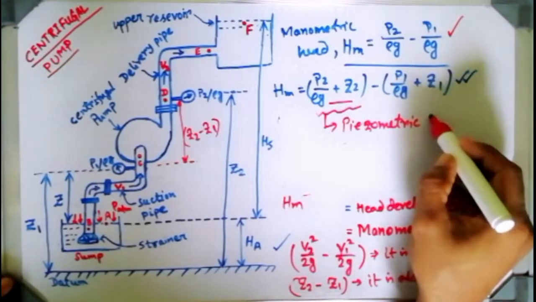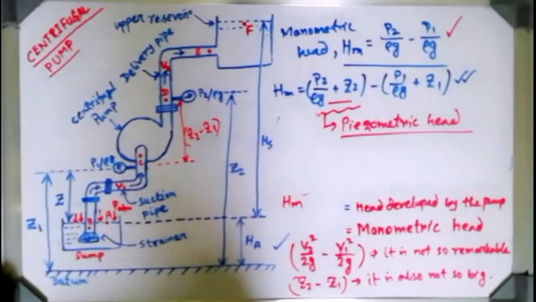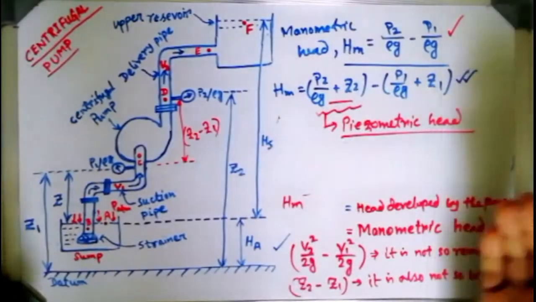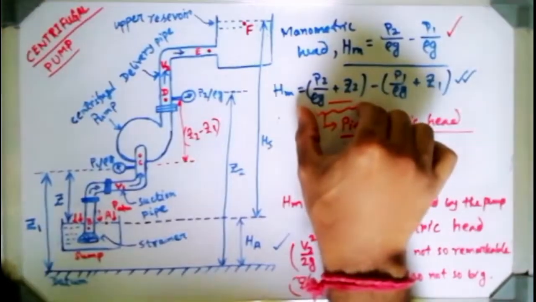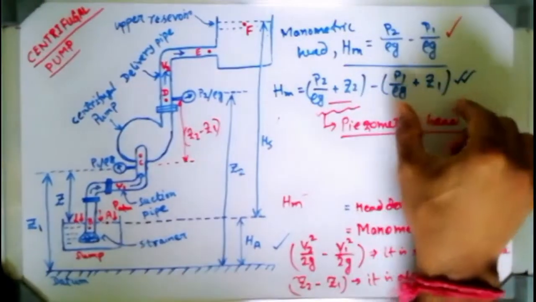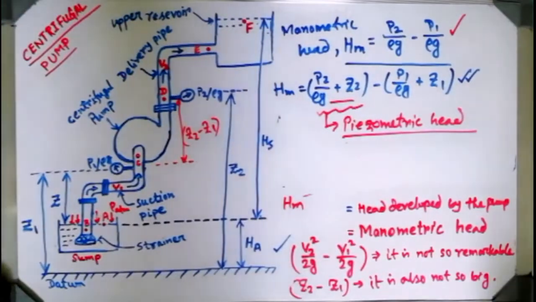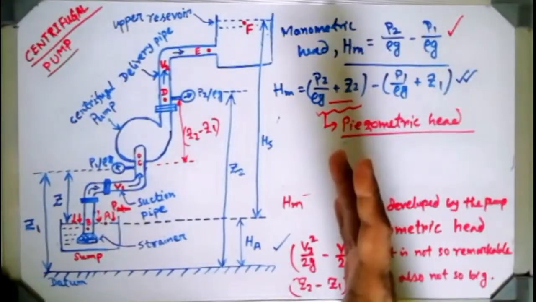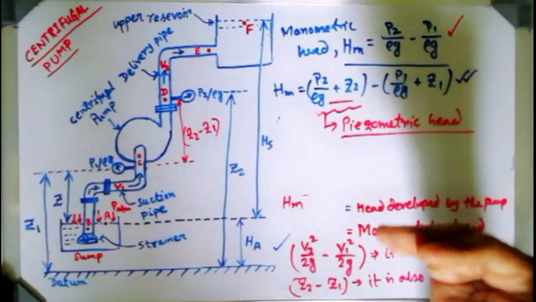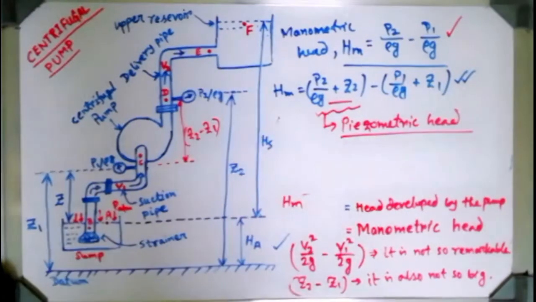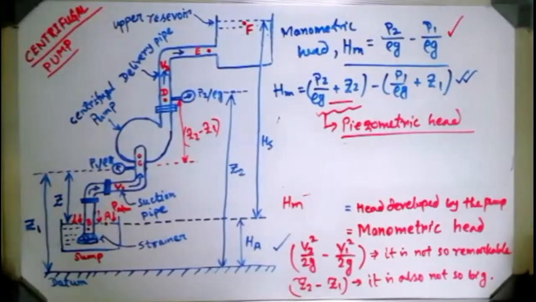So manometric head can also be defined as the difference between two piezometric heads: the piezometric head at the outlet, that means the delivery of the pump, and the piezometric head available at the suction side of the pump. All these three expressions I have written will be used to find the manometric head. Manometric head is nothing but the head developed by the pump.